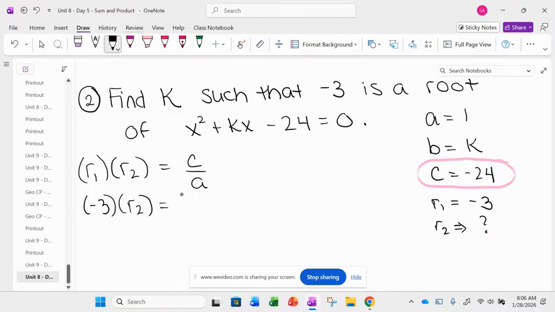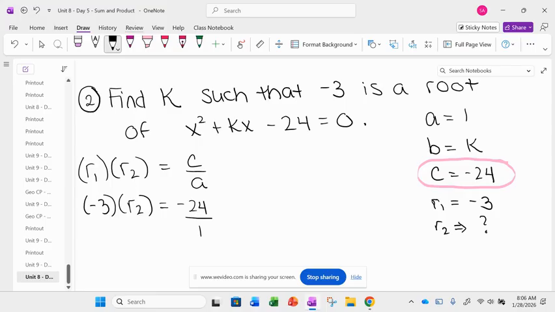I know that c is -24, and I know a is 1. Can I solve for the second root using this? Absolutely. How is that going to help me find k? So I'm able to solve this for the second root, and now I'm going to use it to help me find k. How will that help me find k if I know what the second root is?